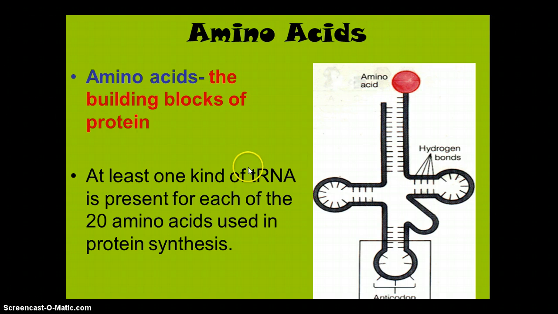So if you can remember that T stands for transfer, then hopefully you can remember it transfers amino acids. What that means is it takes amino acids to the ribosome. And we will tie all this together in just a minute. You can also remember it because it kind of looks like a T, does it not?